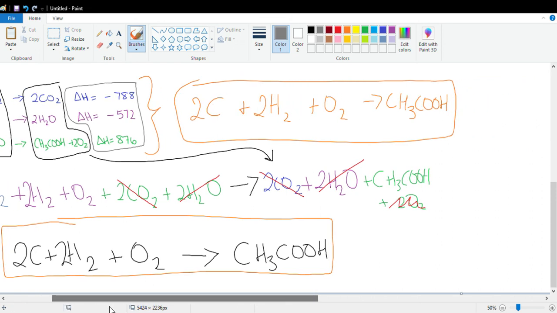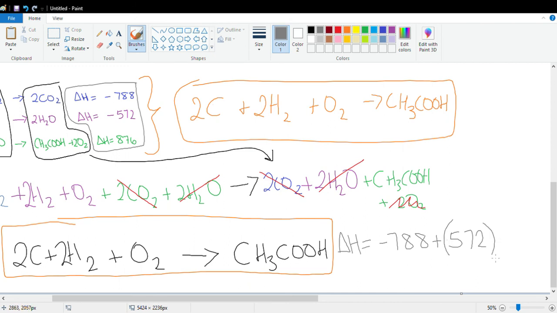So delta H for this is going to be equal to minus 788 minus 572, or you could write plus minus 572 plus 876. And so overall my delta H value for this reaction for the heat of formation of ethanoic acid is going to be minus 484, and my units are kilojoule per mole.